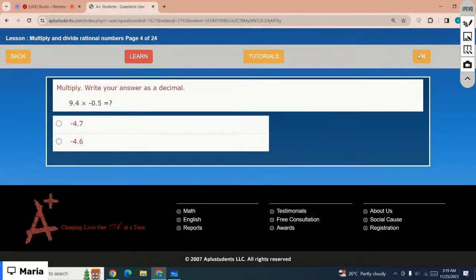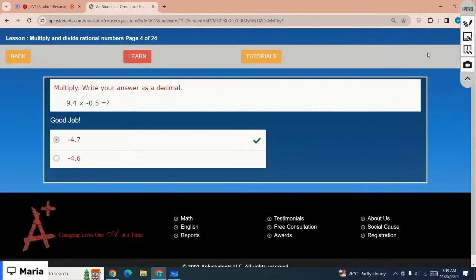Okay, 9.4 times negative 1 over negative 0.5. So, which is the correct option? Yes, the correct option is negative 4.7.